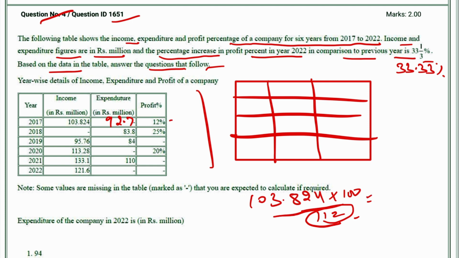So you will get this figure 92.7. And if you need to take the income out of this, so 83.8 into 125 upon 100. So we'll get 104.75. Here it will be 94.4, and here it will be 21, here it will be 14%. So you will get these figures.